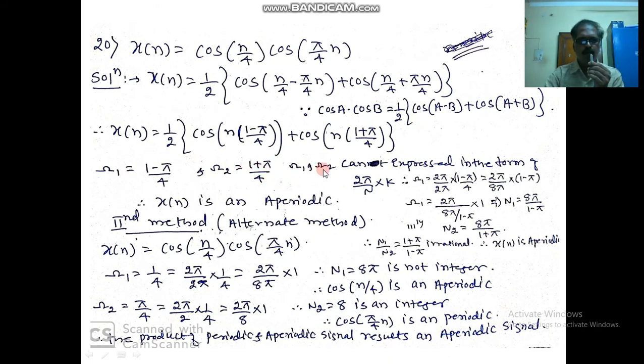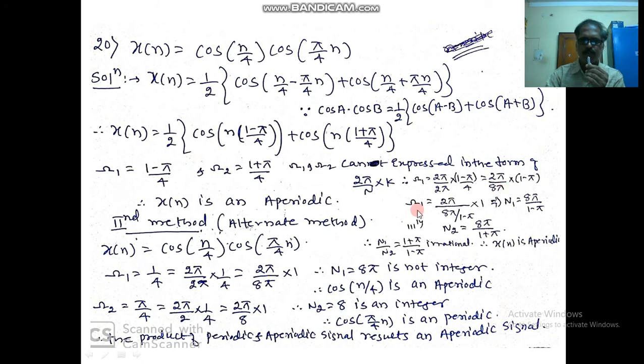Now omega 1 and omega 2 can be expressed in the form of 2 pi by n into k. Therefore omega 1 equals, there is no 2 pi here, hence multiplying and dividing by 2 pi. So remaining is 1 minus pi divided by 4. Therefore this is 2 pi multiplied, 4 twos are 8, 8 pi, 1 minus pi. 2 pi by n into k, but k should be an integer, but it is not an integer, hence take it in the denominator.